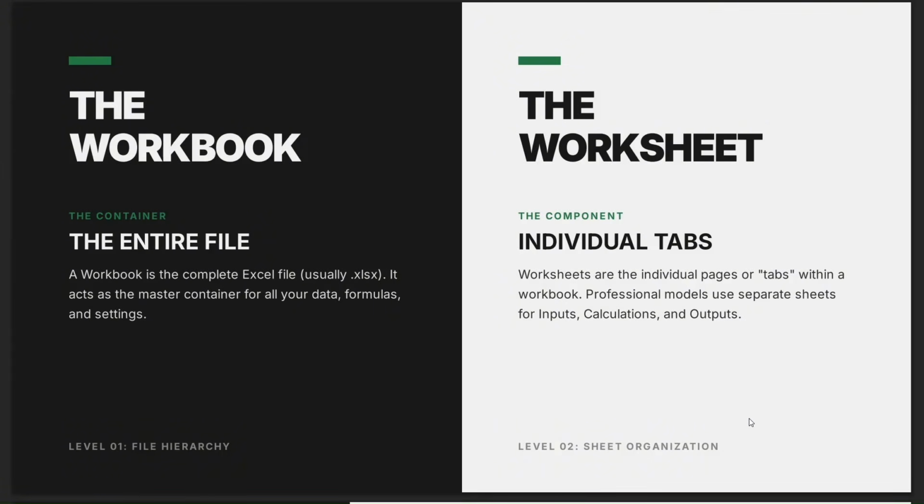The worksheet is the individual tab within a workbook. Professional models use separate sheets for inputs, calculations, and also outputs. We can actually save our worksheet separately, but our workbook we cannot.